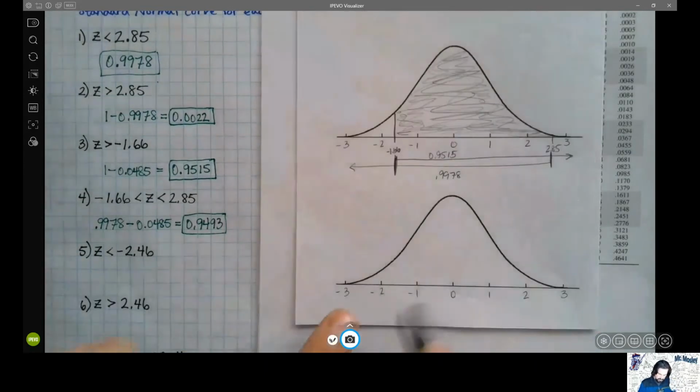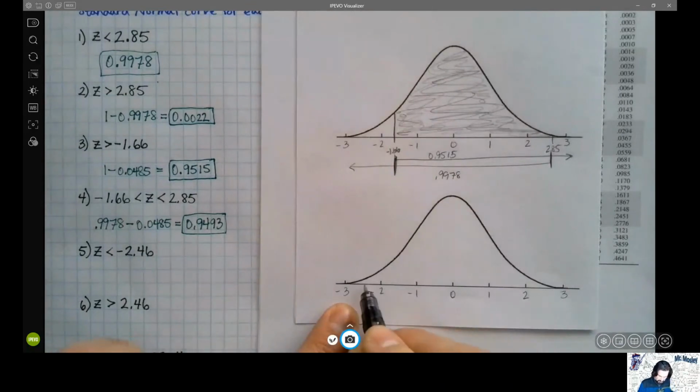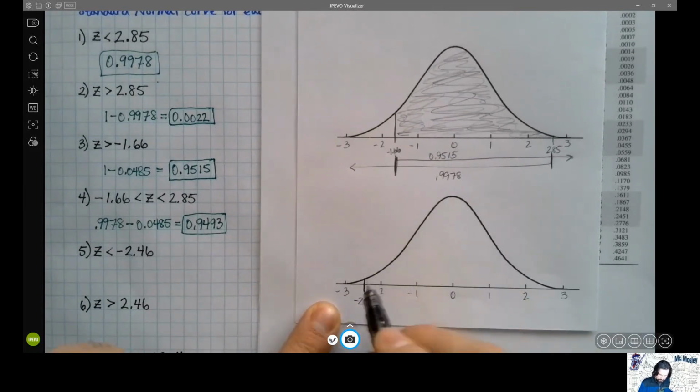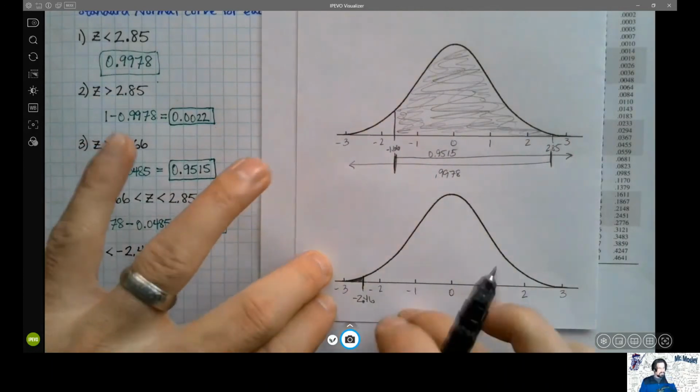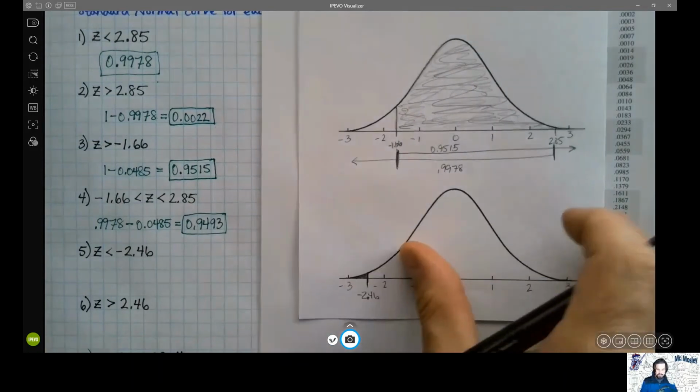So negative 2.46 is probably going to be right over here. I want less than, so I'm just looking at this little bit here, a relatively small percentage. But luckily for us, we can just find this one using table A.